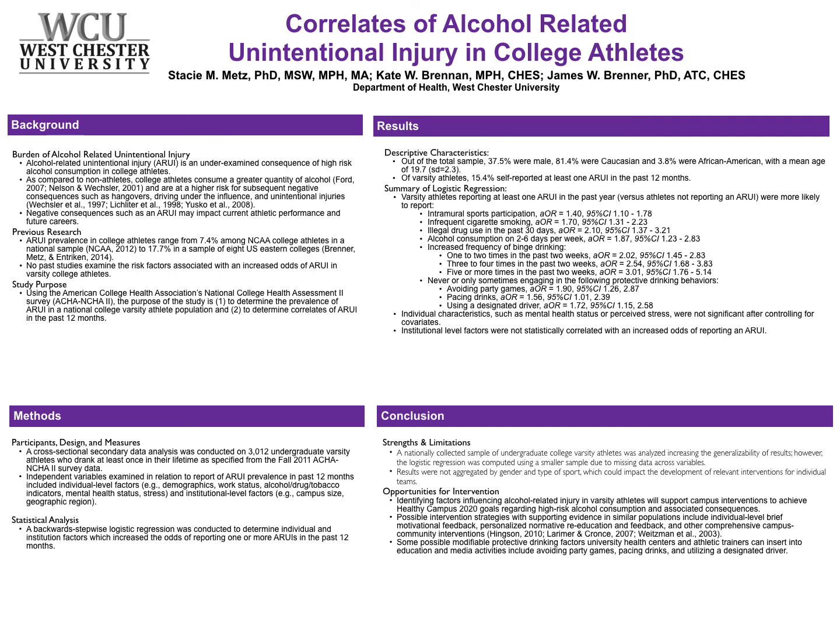In the results, you can see a description of the sample, and then a summary of what we found in our statistical analysis. And then in the conclusion, it breaks into two sections, the strengths and limitations of the study, as well as opportunities to apply this information for interventions.